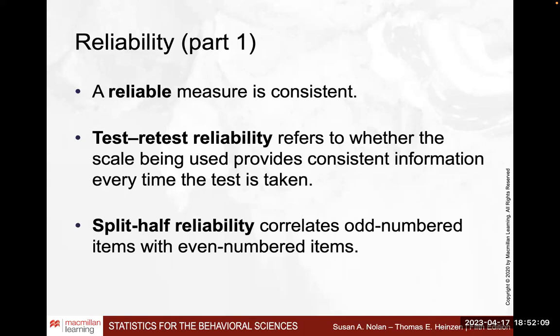If there's a correlation between these two halves of the questionnaire, you can say, okay, this is reliably measuring that particular outcome. You use that internal consistency and that association to see that you have a reliable measure at hand.